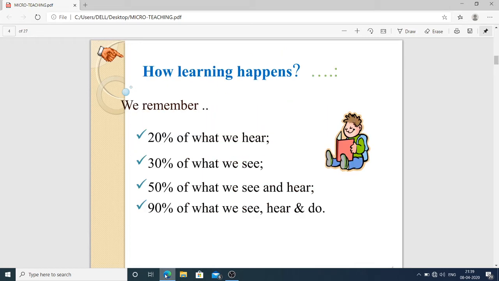Then how does learning happen? We remember 20% of what we hear, 30% of what we see, 50% of what we see and hear, but 90% of what we see, hear and do by ourselves.